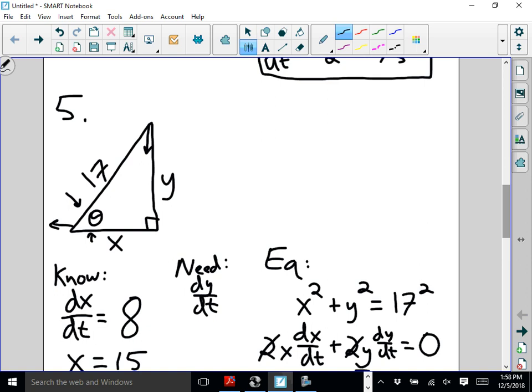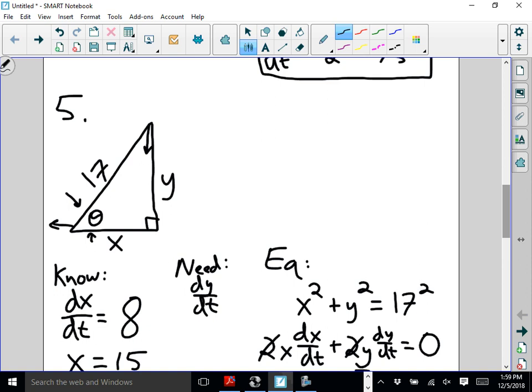On the key, I did this problem using sine theta. However, to make it more interesting, I'm going to use cosine theta in this problem just to show you that it works just as well. It doesn't matter what you choose. So I'm going to choose cosine theta to be my equation.